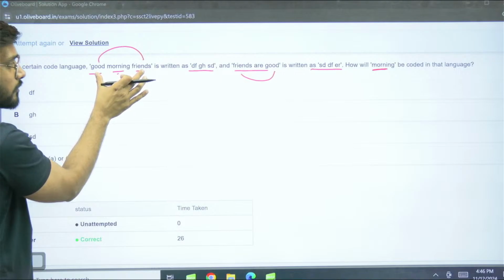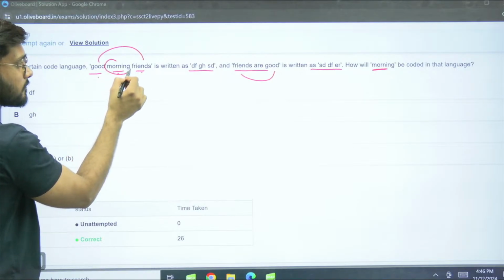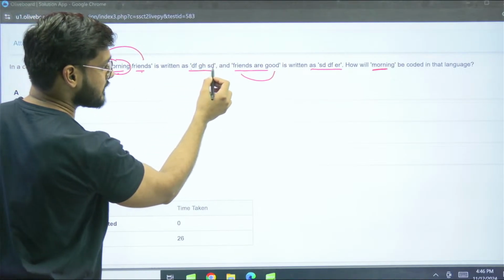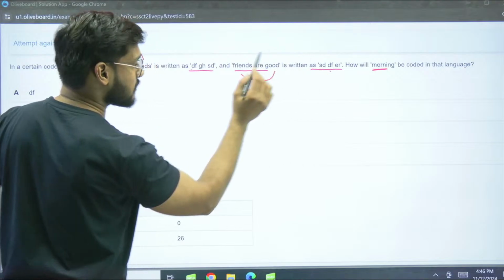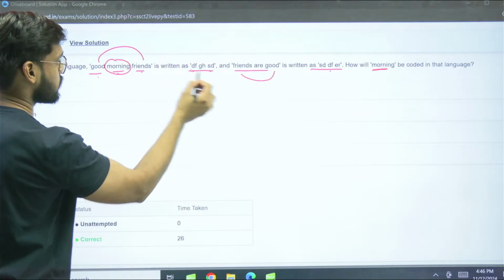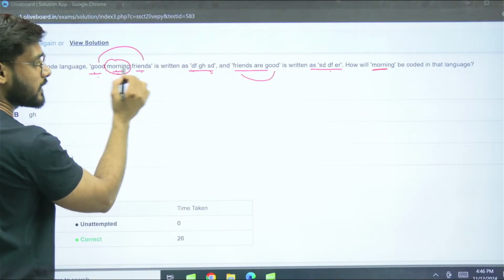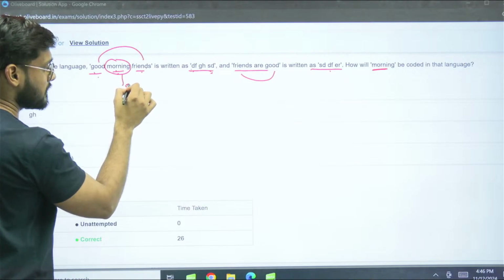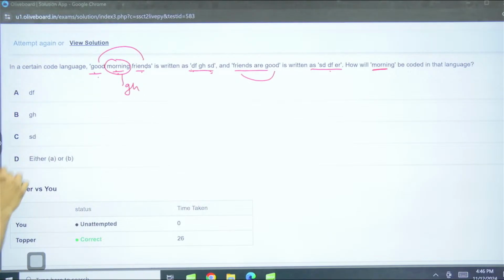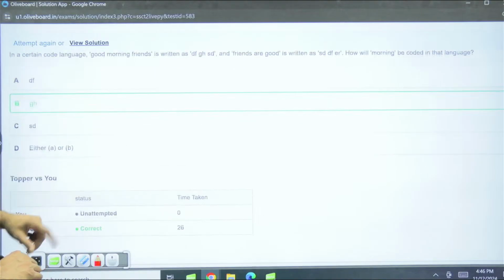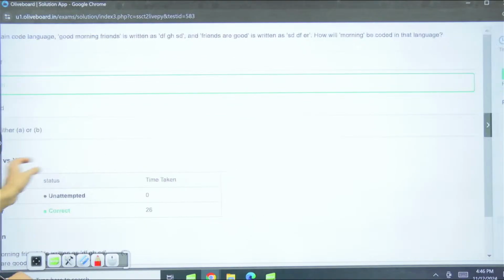If we can find the code of good and friends, we can get the code of morning. So DF, GH, HD. DF and HD are common. So DF and HD are the codes of good and friends. The code for morning will be GH. So the right answer should be GH, option number B. Let's mark GH. Yes, it turns green. It means we have marked it right.